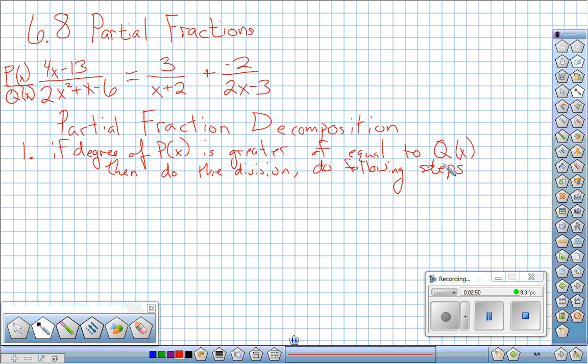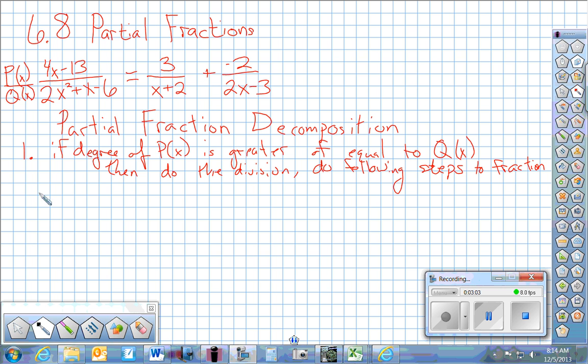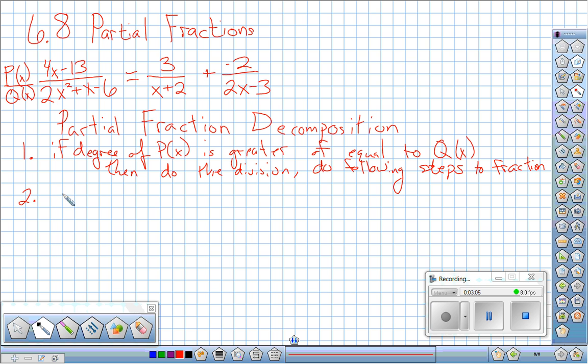I'm just going to write fractions, but it's really any rational expression you have. Then p of x's degree should now be less than q.